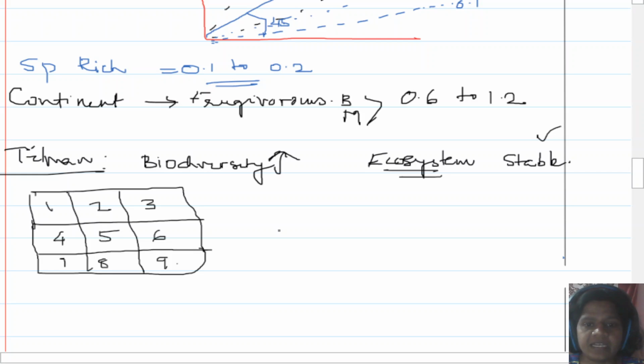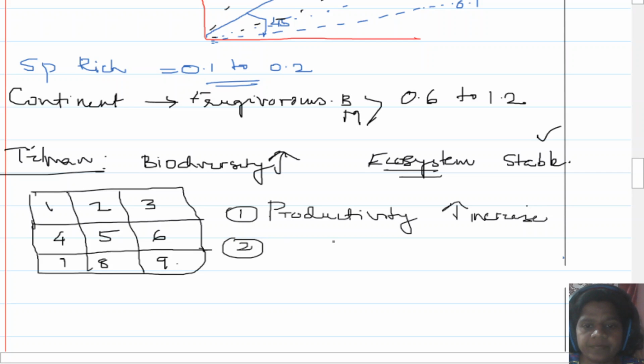Not only that, he says that if the biodiversity is more, your productivity, whatever you are growing, would also be more.